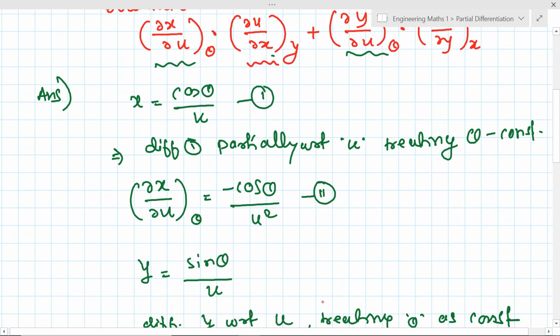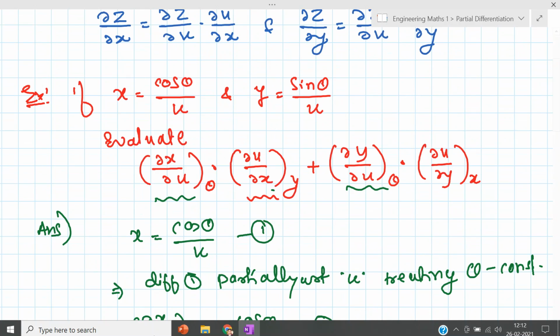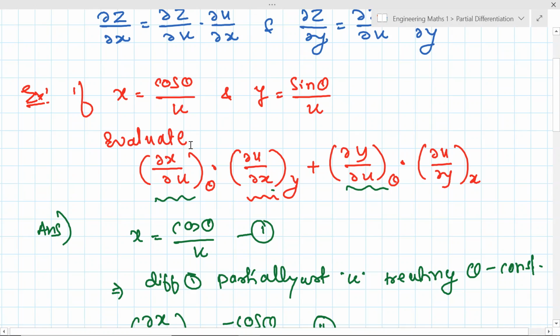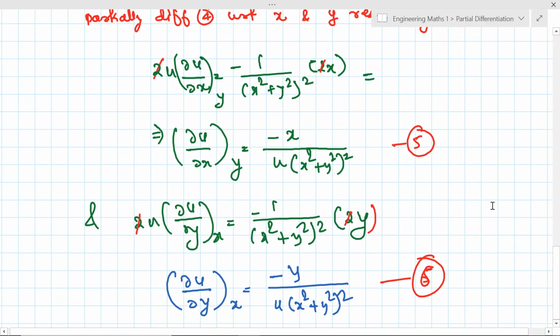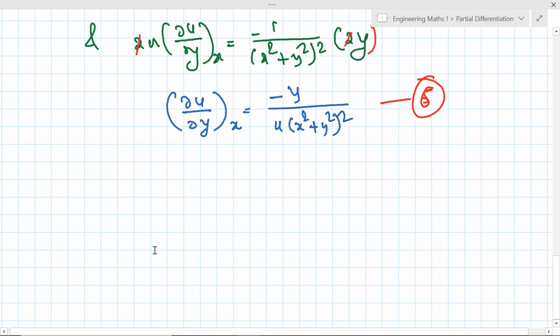Now consider the required expression from the example and substitute all the values.